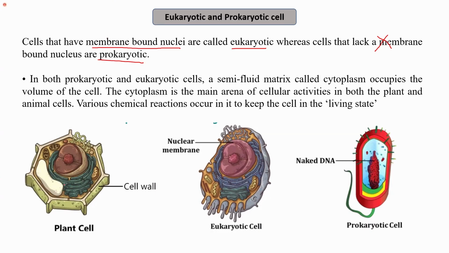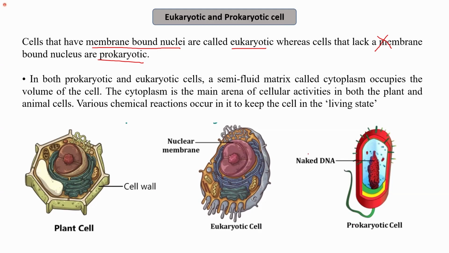So this is the figure where we can see that this is a plant cell, which is itself a kind of eukaryotic cell. This is an animal cell, which is also a eukaryotic cell. Here we can see that the central part represents the nucleus. And this nucleus is surrounded by a membrane, which is a nuclear membrane, which we can clearly see here, right?